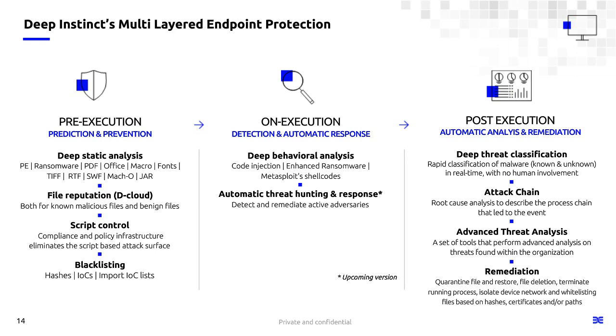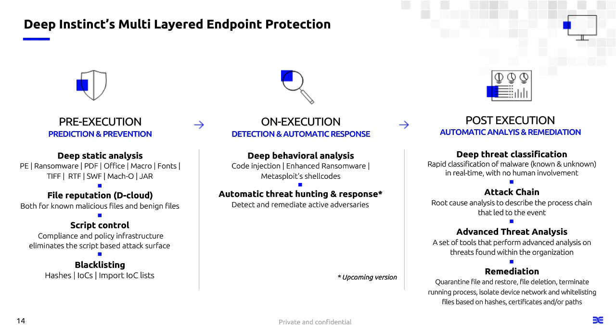The second mechanism that is used in this stage is a cloud mechanism, which is based on file reputation. This includes both malicious and benign files and is an additional layer of protection on top of the static analysis. And then there are also additional mechanisms of script control and blacklisting in the specific cases where this is wanted by customers.